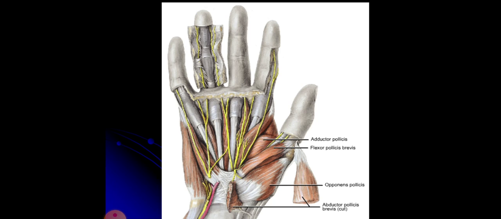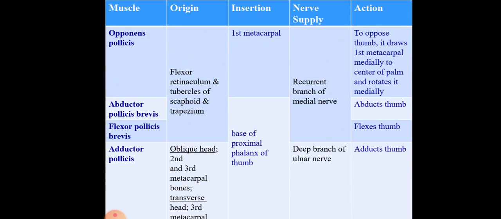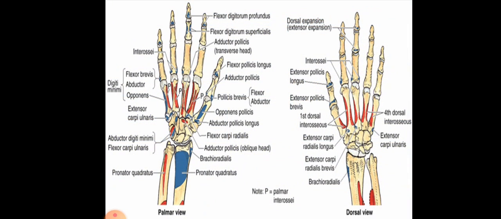Abductor pollicis, flexor pollicis, and opponens originate from the flexor retinaculum and tubercle of the scaphoid and trapezium, while the adductor pollicis has two heads, oblique head and transverse head.